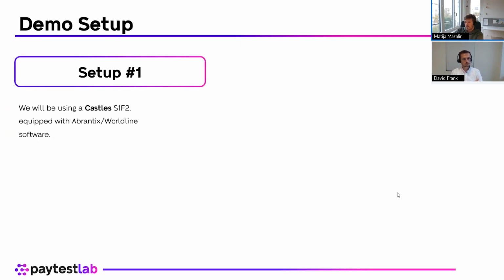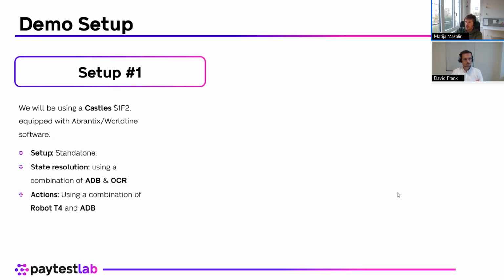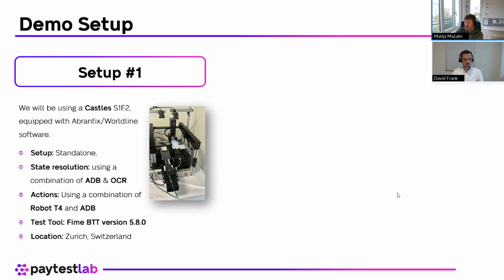For setup one, we will be using the Castles Saturn 1000F2. It's equipped with the Worldline software. It's a standalone terminal. The state resolution will be done with a combination of ADB and OCR. Actions will be a combination of Robot T4 and also ADB.